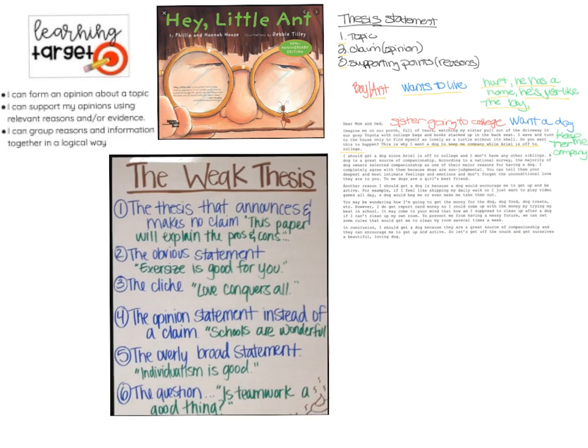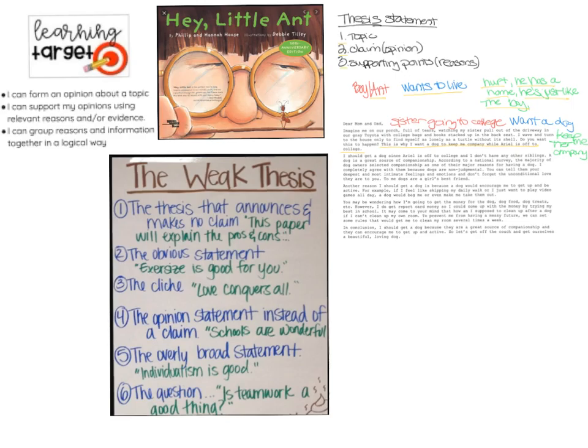Because I cannot do an anchor chart, I'm going to show you one that I found online. Now, as we make a thesis statement, there are also some great examples of what not to do. I'm not going to go through each and every one, but what I see a lot in 5th grade is especially number 1. This paper will explain the pros and cons, or this paper I'm going to tell you why I want a dog.